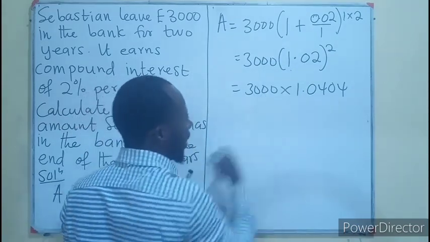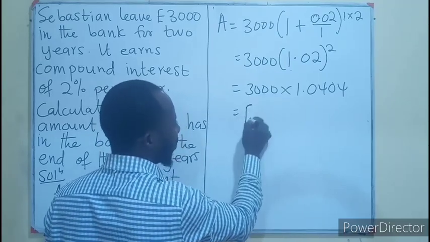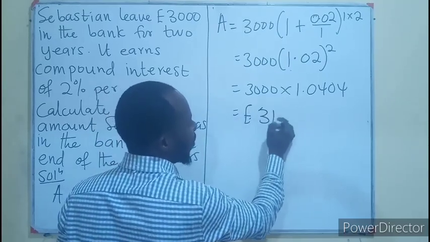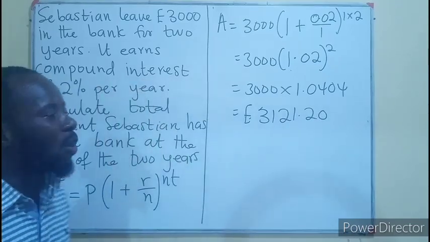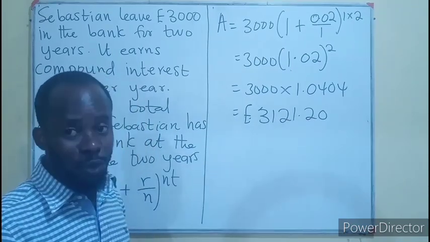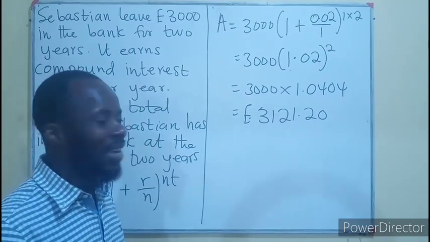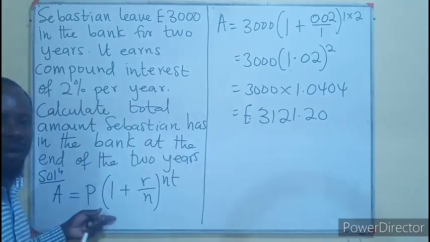Then we multiply this, and that will give us £3,121.20, that is 3,121 pounds, point 20, 20 pennies. All right, that is using the formula.